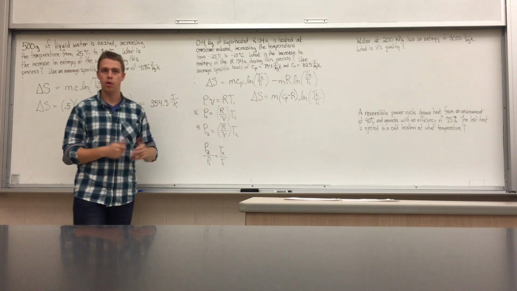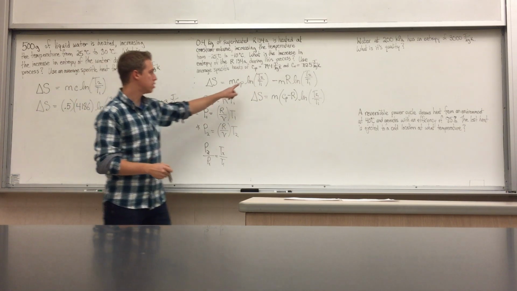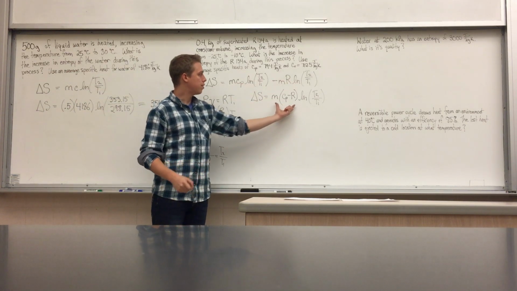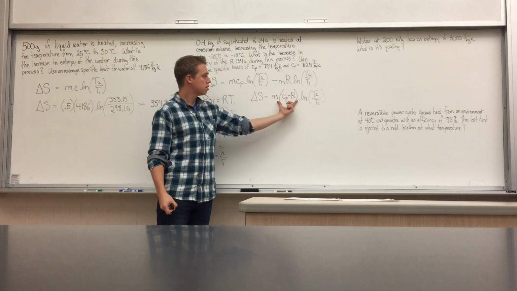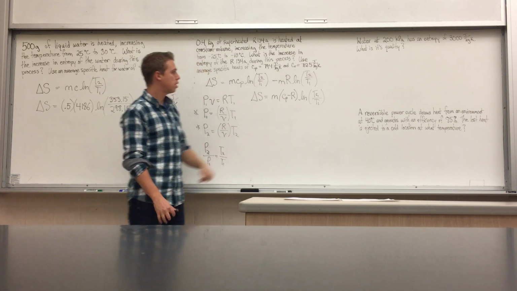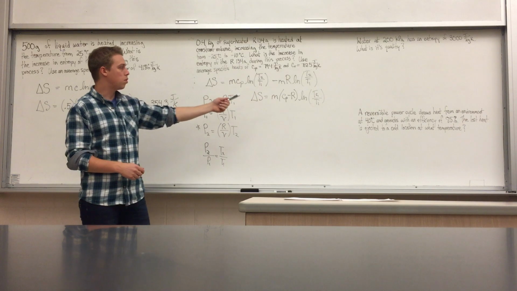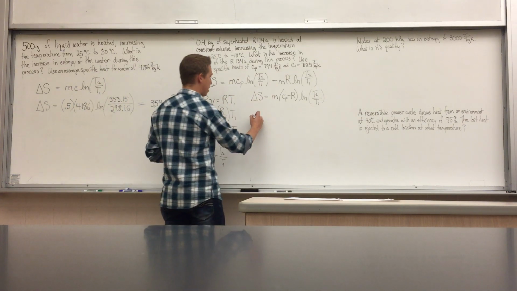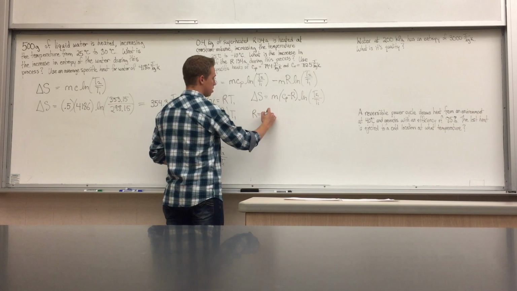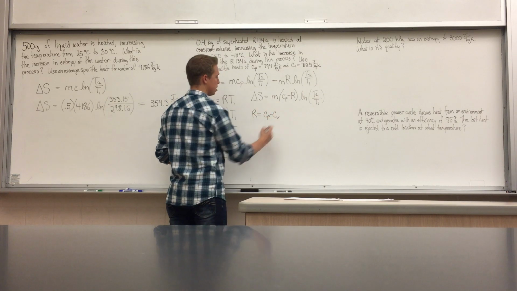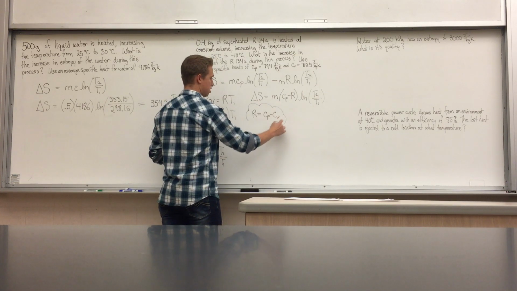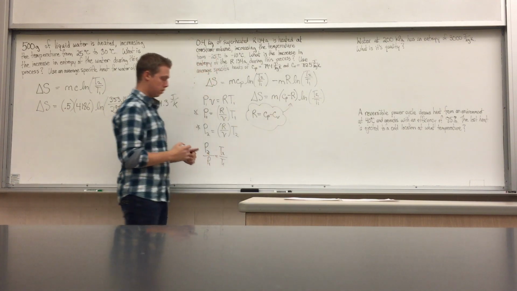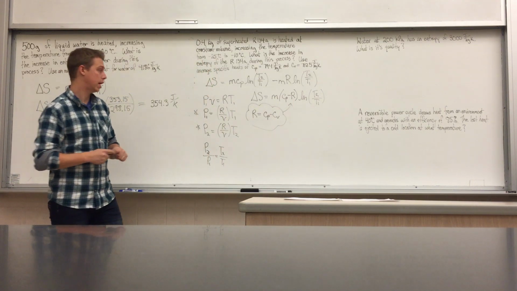Okay, if you need to think about where that came from, that's fine. But this log term was in both. So there is your two terms. Okay? Now, the property that we remember, and either way you do this, you'll have to remember this equation. You'll have to remember that R equals Cp minus Cv. Okay? We'll remember that, and that'll help us go into there.